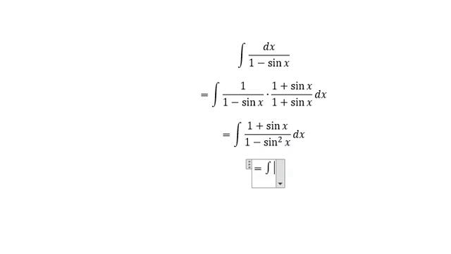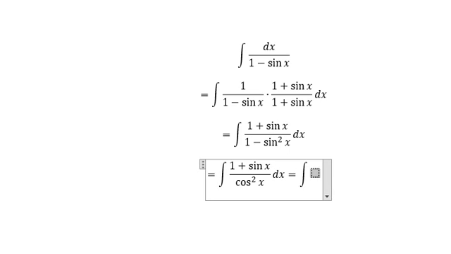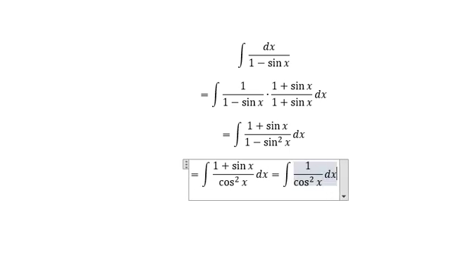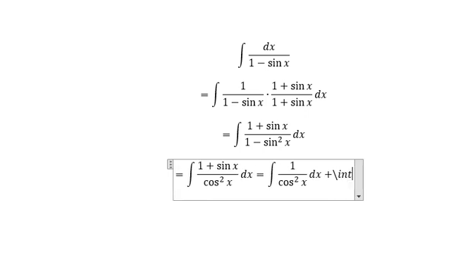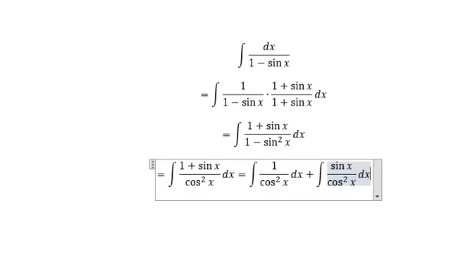So here we are going to have the integral of cos squared x in the denominator, and in the numerator we still have 1 plus sine x. Since the terms in the numerator have a common denominator, we can now separate the integral into the integral of 1 over cos squared x dx, plus the integral of sine x divided by cos squared x dx.